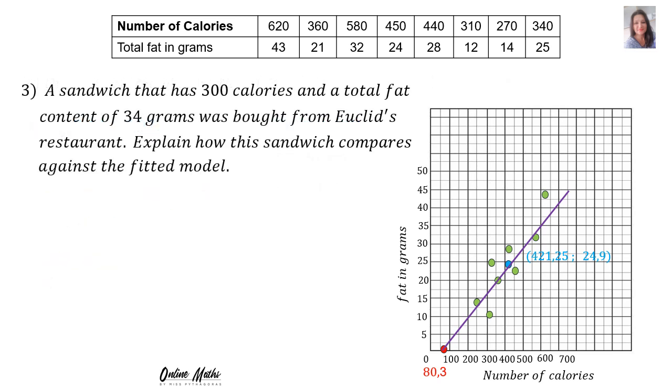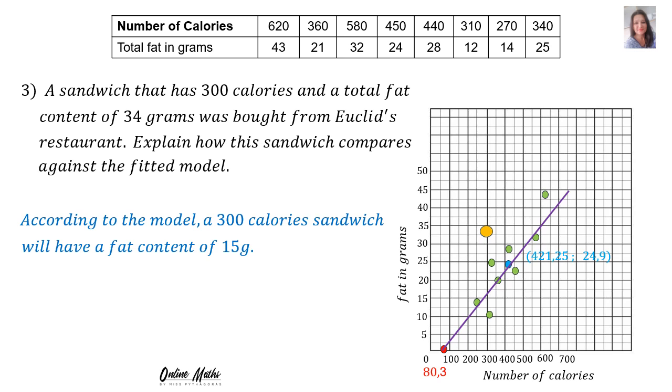Question 3. A sandwich that has 300 calories and a total fat content of 34 grams was bought from Euclid's restaurant. Explain how this sandwich compares against the fitted model. So when you go to your scatter plot, the point 300 and 34 is round about there. Now, according to our model, a 300 calorie sandwich will have a fat content of round about 15 grams.